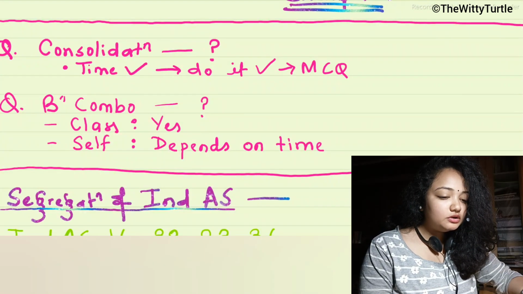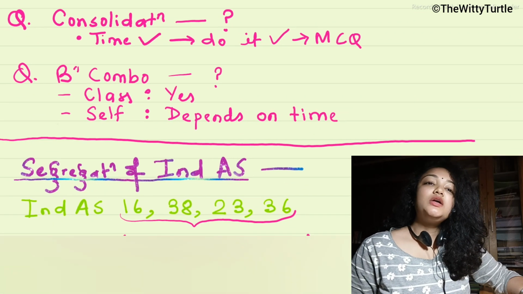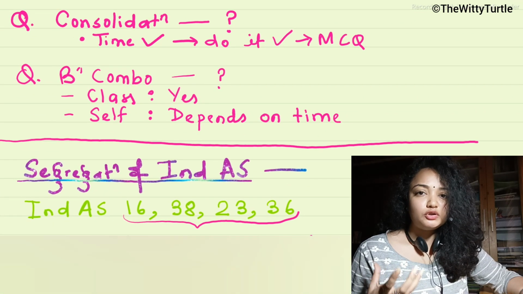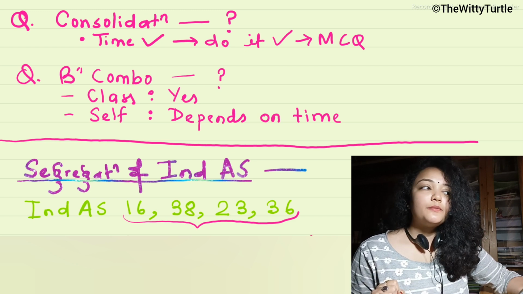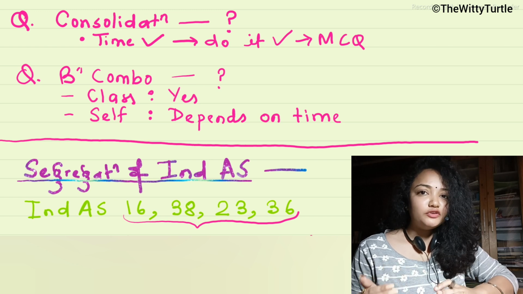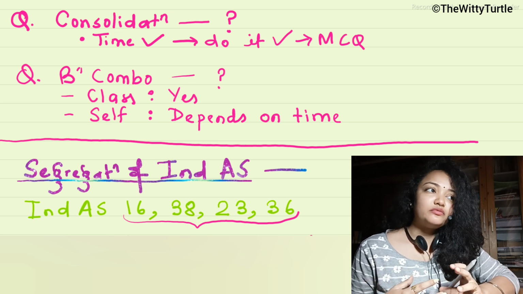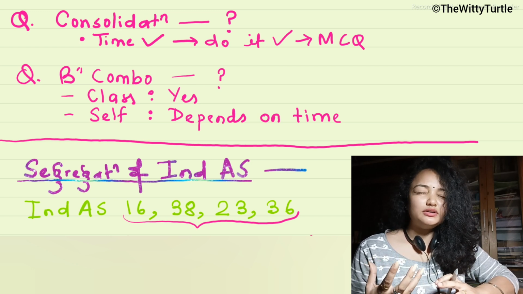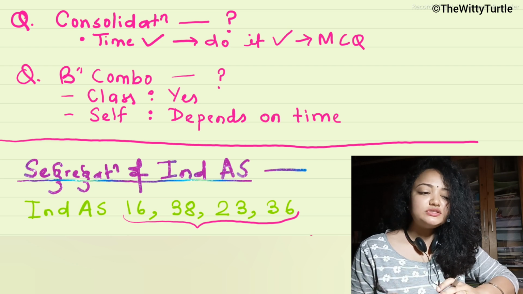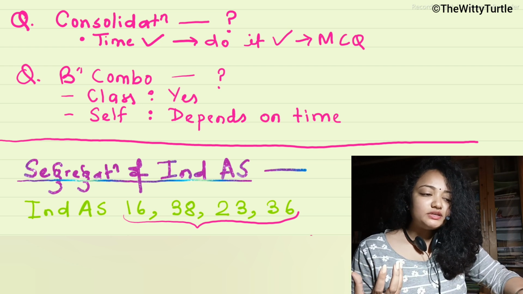Now coming to the next question. I got some questions from students on whether we should go for the consolidation chapter or not. It completely depends on you, because that's a very lengthy chapter. If you have completed the syllabus of other papers and you are done with the revisions, then you can go for it, because definitely you are getting MCQs from there.